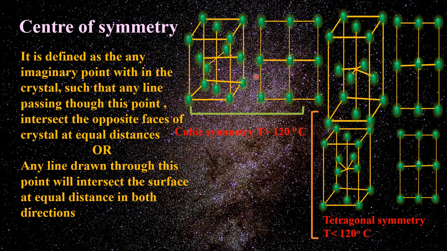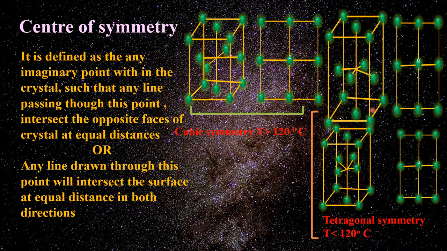As you can see, for example, this one line which is passing through this center of symmetry is intersecting this one face and this one face at equal distance. Here you can see that this is one face of the cubic crystal, and this is the center of symmetry, and these lines are passing through this point and intersecting the opposite faces at equal distance.